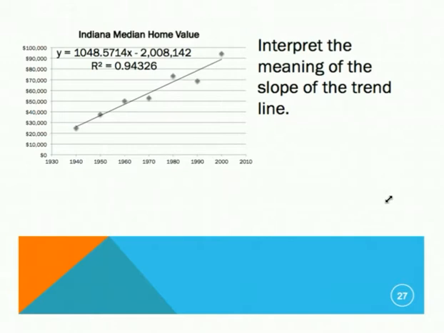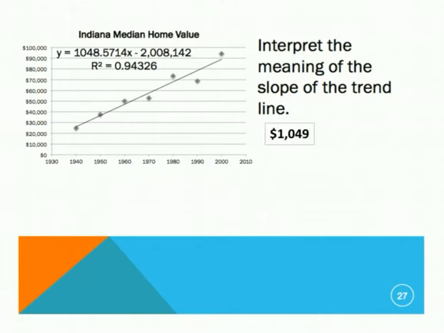So the very first question asks us to interpret the meaning of the slope of the trend line. You want to make sure that you actually use the value that we have here. So the value is 1048.5714. I'm going to round to the nearest whole number of 1049. And I'm talking about dollars, so I'm going to start with that value.